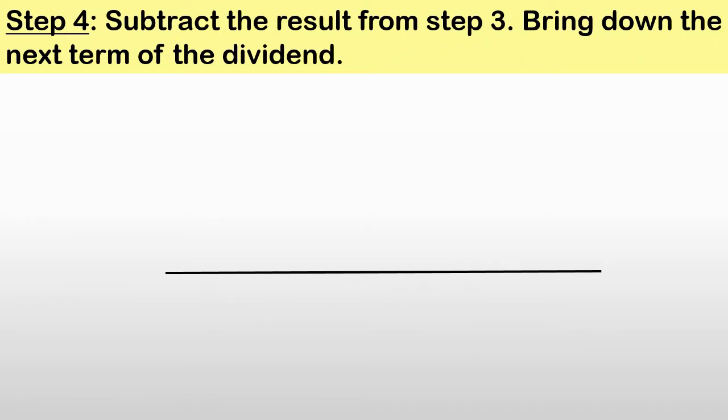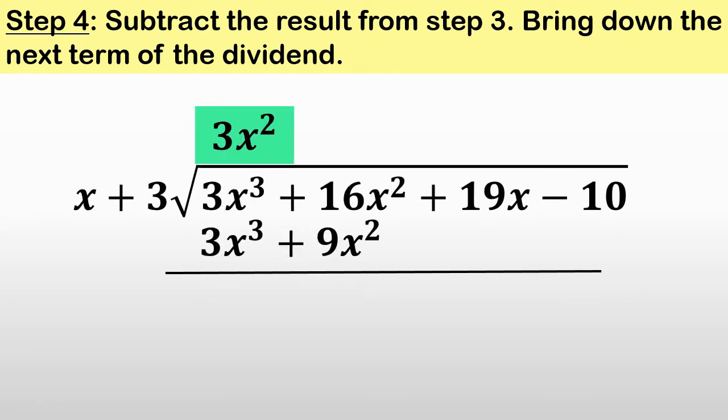Step 4. Subtract the result from step 3. Bring down the next term of the dividend. Now, let's copy the solution and subtract the result from step 3. So, ang result natin from step 3 is 3x cubed plus 9x squared. Now, let's put the operation subtraction and then let's simplify it.